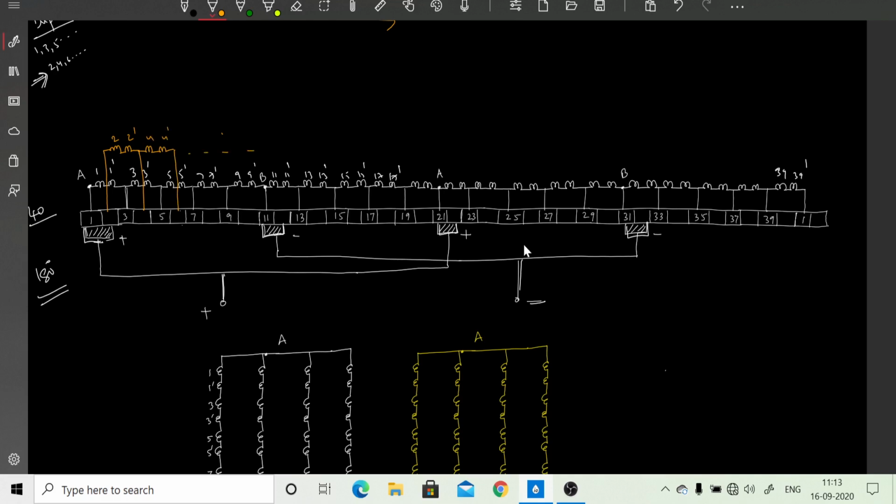So likewise, if I go on drawing like this, the coil between the 40th segment and the second segment is 40 and 40 prime. Okay, so this is the other coil.